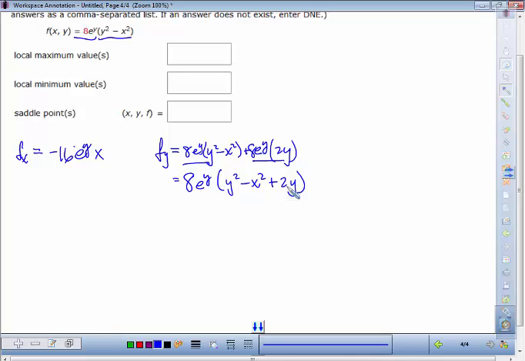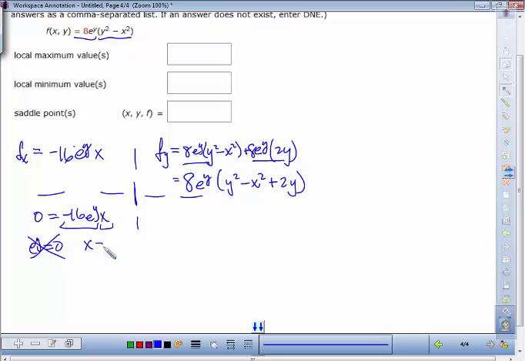All right. So now let's set each of them equal to 0. I have fx equal to 0. 0 is equal to minus 16 e to the y x. And I would set each of these factors equal to 0. And we know that e to the y is never going to be equal to 0. And so I have x is equal to 0.